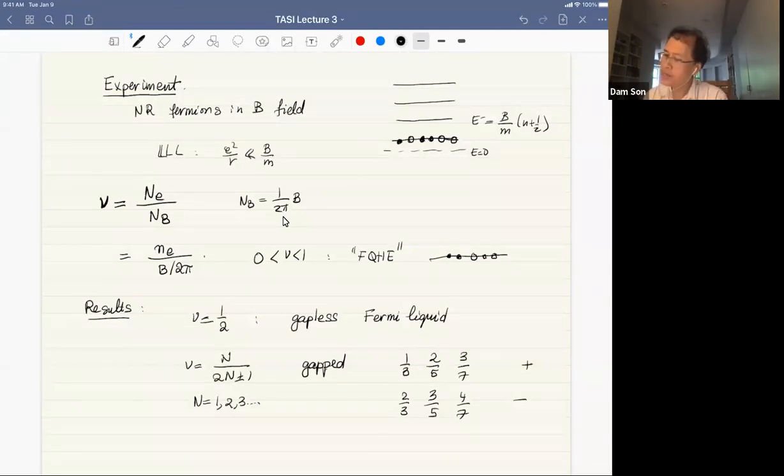So whatever theory we build for this model has to at least reproduce and explain this qualitative feature of the nature of the ground state.